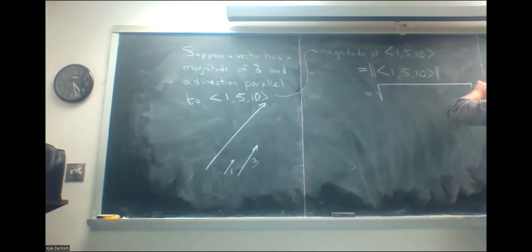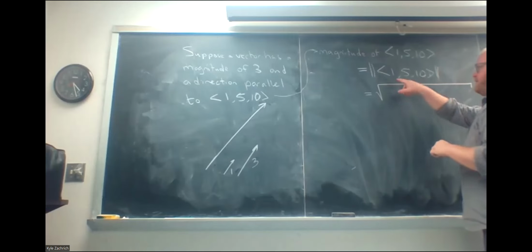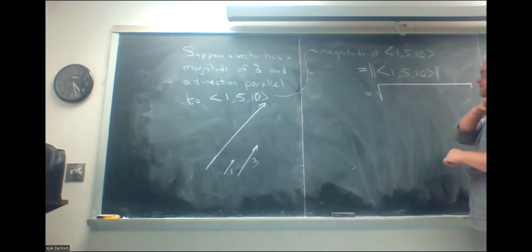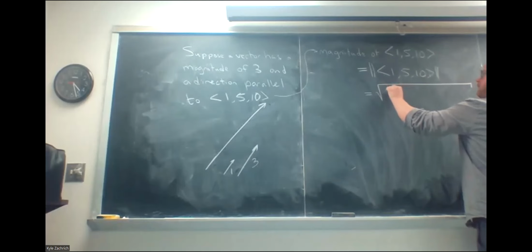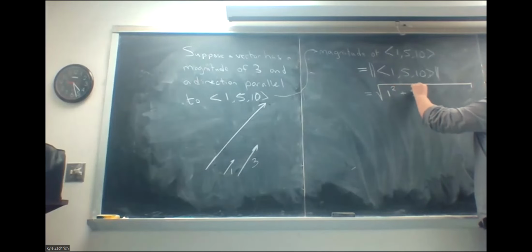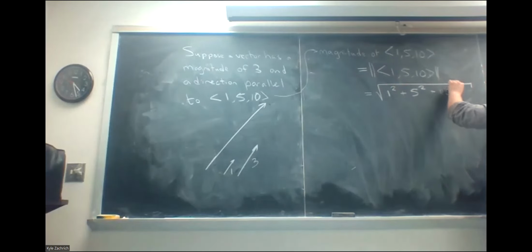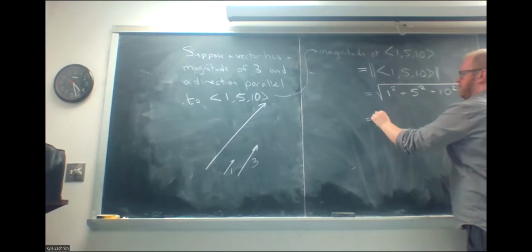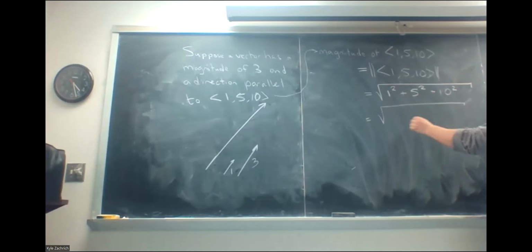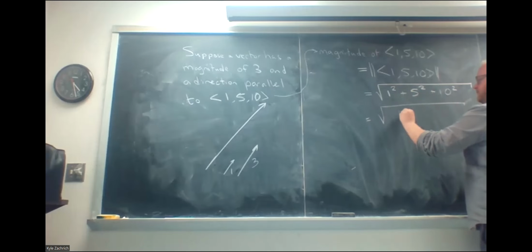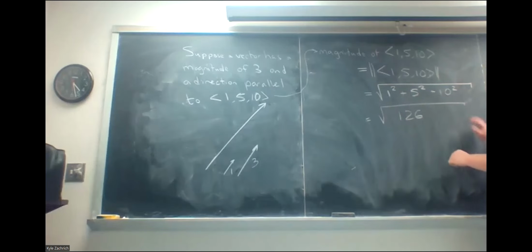The formula for this is sort of like the Pythagorean theorem or a distance formula, where we take the square root of the sum of the squares. So let's see, 1, 25, 100. I'm just going to leave it under the square root like that, but this is some number.